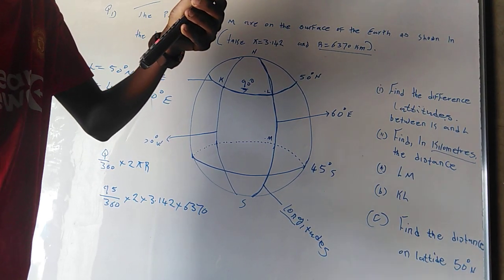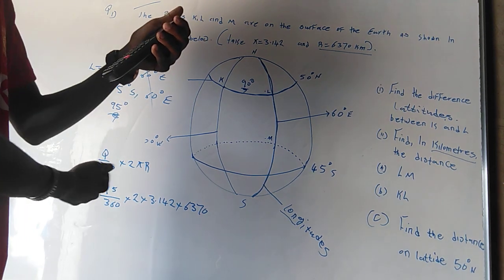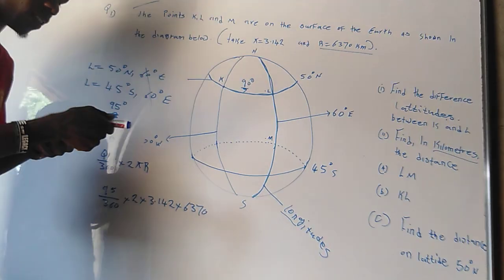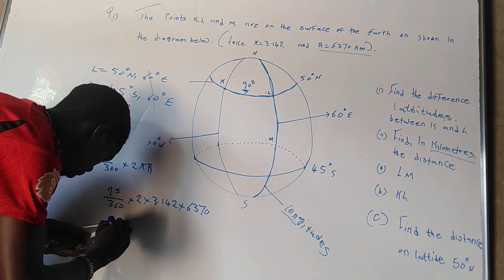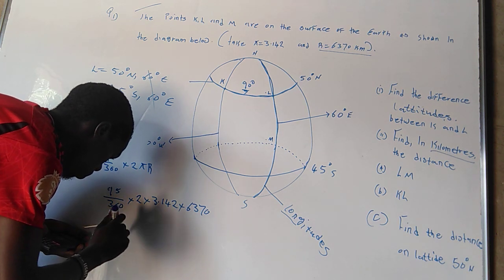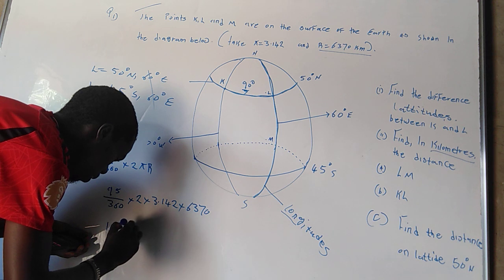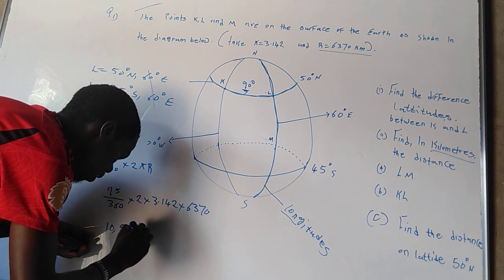If you compute those numbers, you're going to have 10,563.22944.